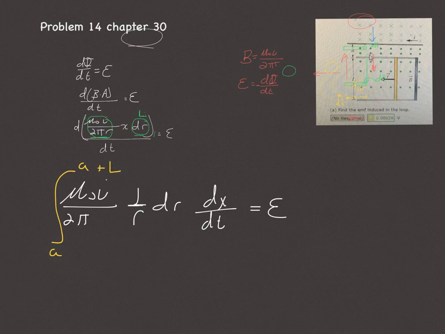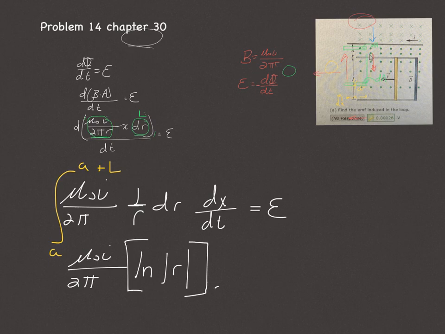All right, so when we integrate this, we have mu naught I over 2 pi, the ln of r evaluated in between a and L plus a, and then we still have the dx dt, which is going to end up being v.